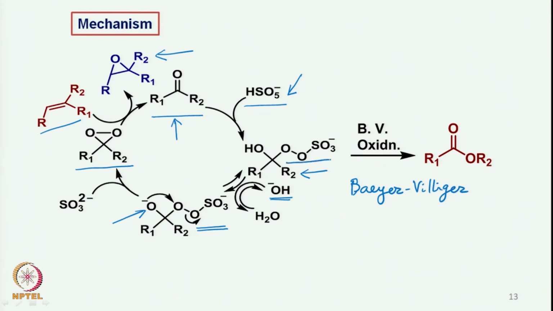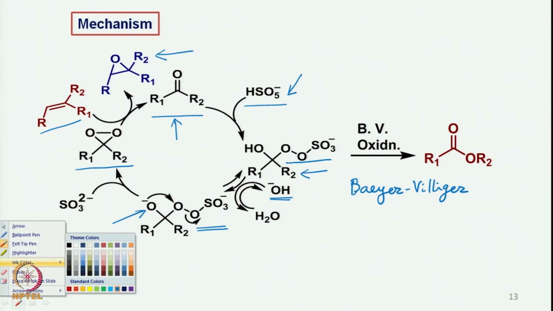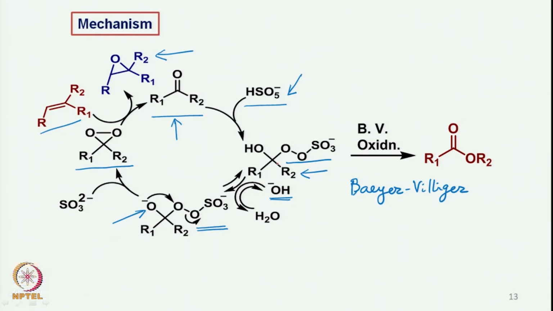So if this is a leaving group, then there is a possibility that the R2 group or R1, one of the two groups, can migrate from here, and this can go forming an intermediate of this type, where you have a possibility of positive charge being formed.